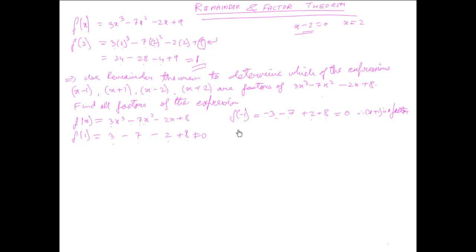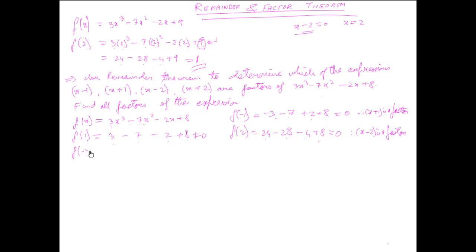Now children, next they've asked us for x minus 2. So f of 2, children, would come out to be 3 times 8, that's 24, minus 7 times 4, that's 28, minus 2 times 2, that's 4, plus 8, that's 32, and negative 32, so that's equal to 0. So again, children, x minus 2 is a factor.